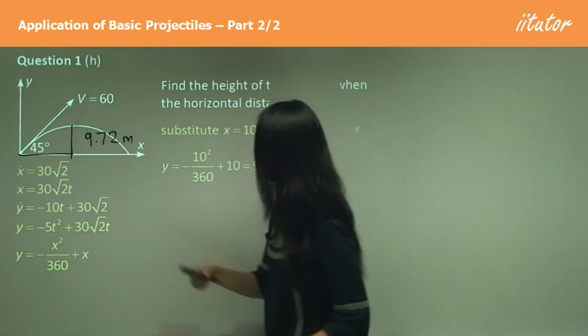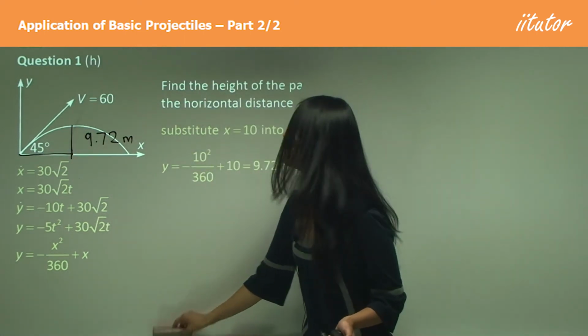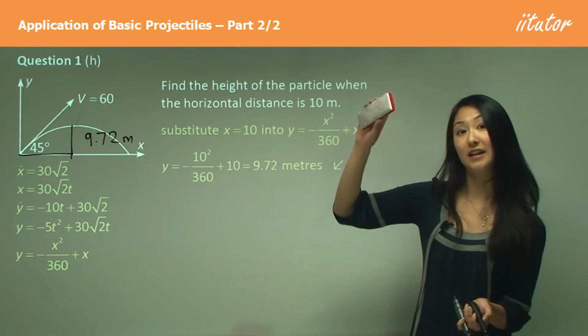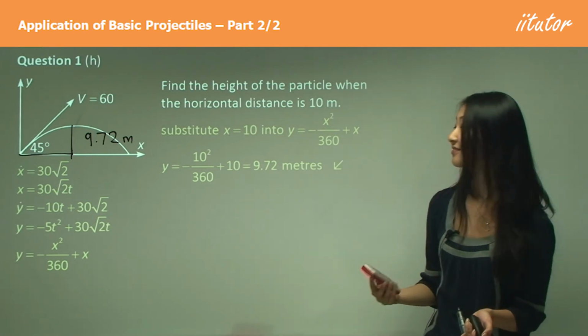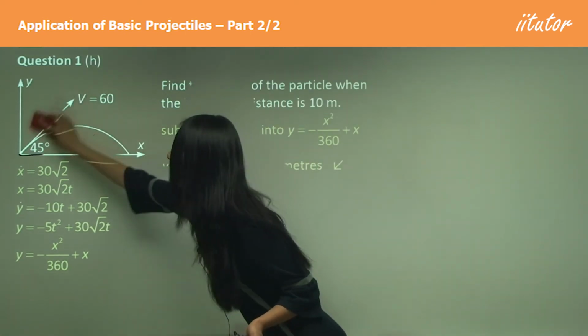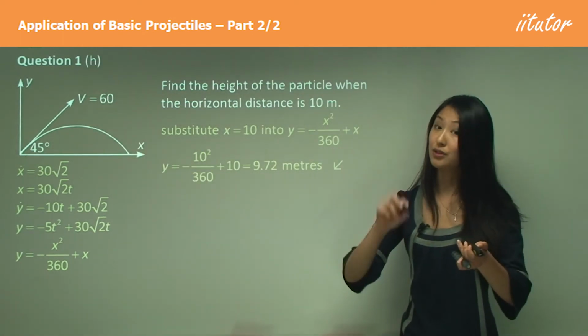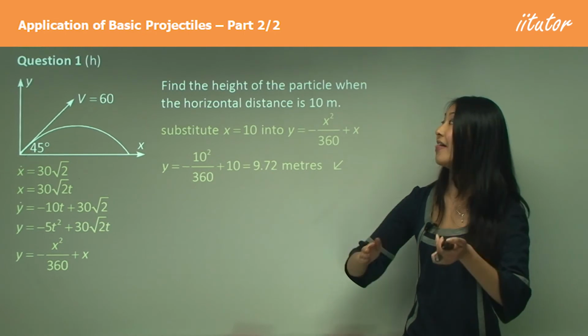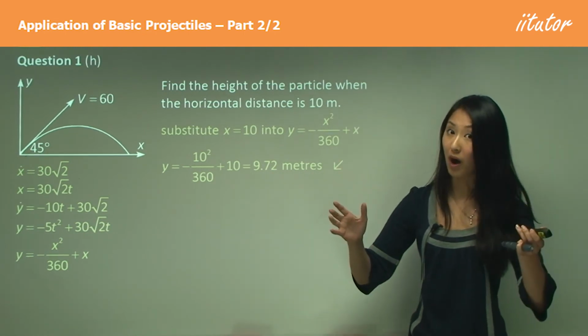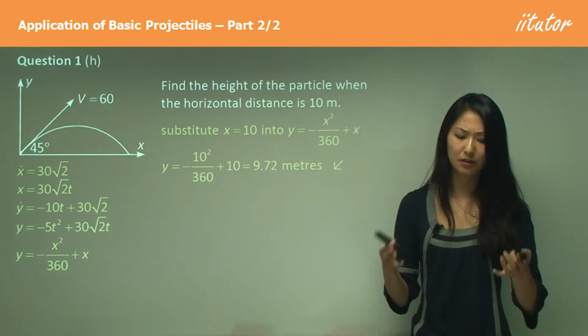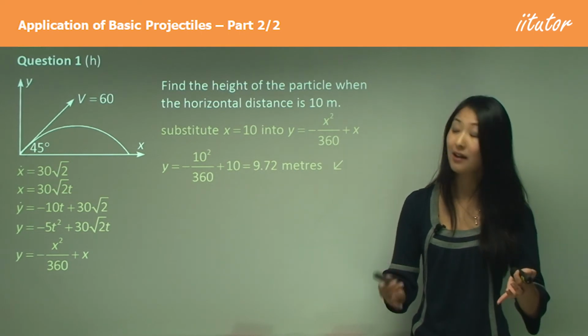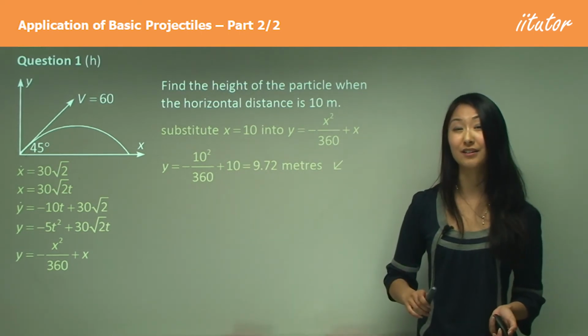So when we've gone horizontally 10 meters, we've actually only gone vertically 9.72. Whenever the question gives you the horizontal, which is your x, and wants you to find the height, which is your y, you think: what's the equation I have that only has x and y? Well, that's your trajectory equation.